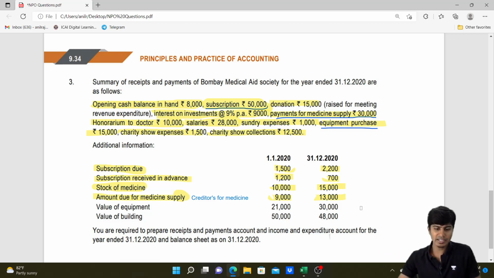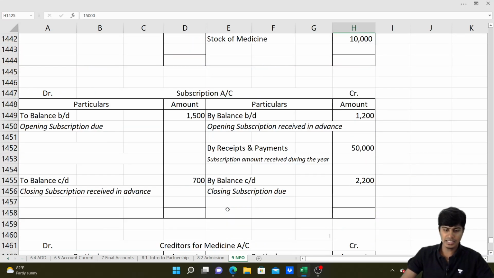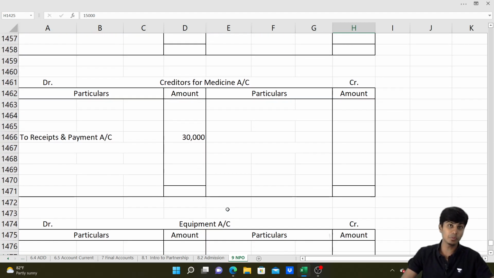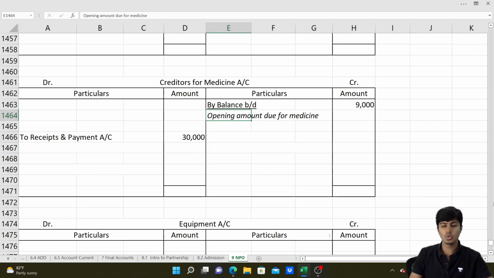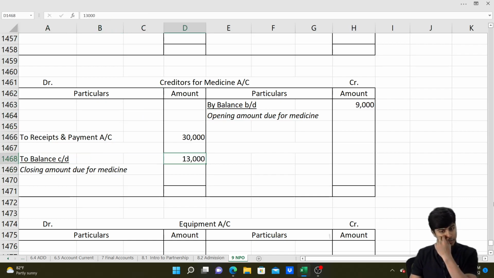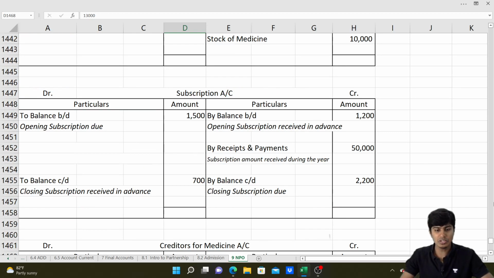So let me write 9,000 in our creditors for medicine account. We already wrote payment in our creditors for medicine account; by balance brought down 9,000, this is the opening amount due for medicine, and to balance carried down, closing amount due for medicine 13,000. So opening amount 9,000, closing amount 13,000. Let's write this in our balance sheet also.